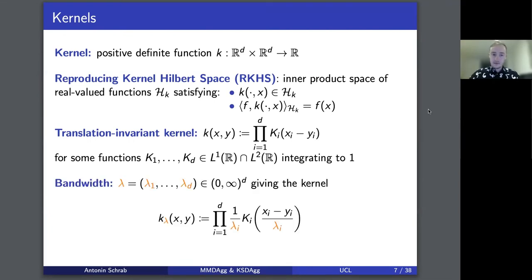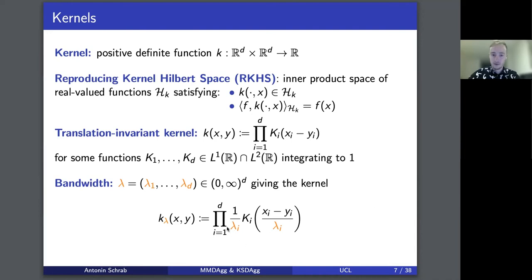And once we have this kernel, we can consider some bandwidth. This is a vector with d components, all positive. And then the function defined as k_lambda, where we scale x_i minus y_i by lambda_i, is also a kernel.